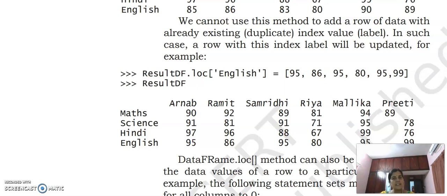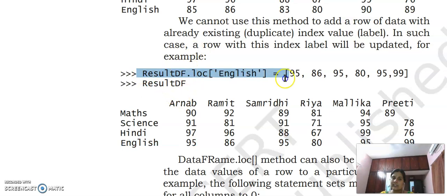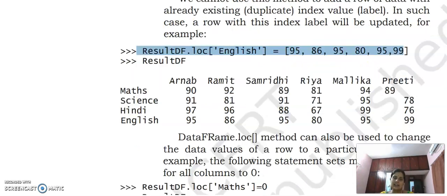There is already a row English with values 85, 86, 83, 80, 90 and 89. So we update the values, because the row English already exists. If we use this command, the values of the row are updated to 95, 86, 95, 80, 95 and 99.